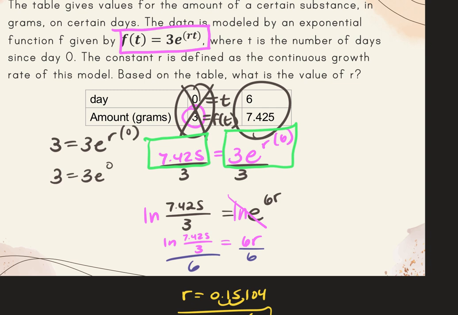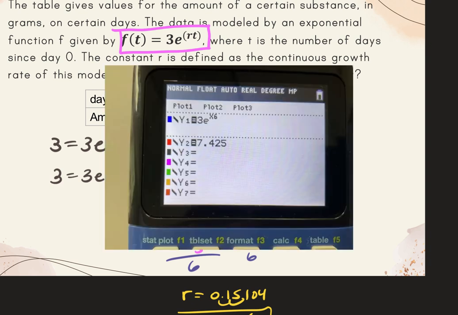So do it. Y1, type it in: 3e to the rt, which would be x times 6. And the other one, 7.425. And then graph it. Let me go to my y equals so you can see it.